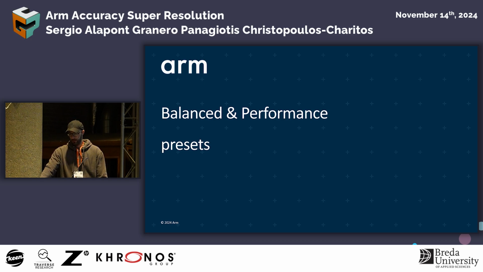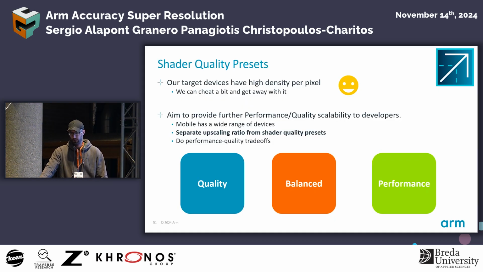Now let's see the compromises we made to improve performance even further. Yeah, I mentioned that before. The devices we're targeting allow us some headroom for some cheating, and we can exchange some quality for additional performance.